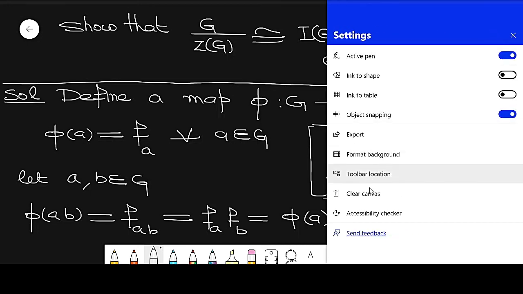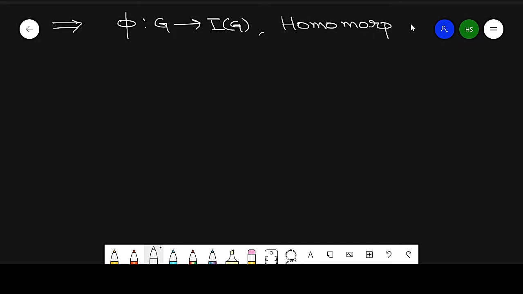That is my first part. Now to prove onto, every member of the right hand side is of the form f_a, so that exists.